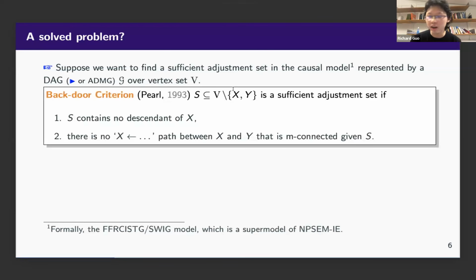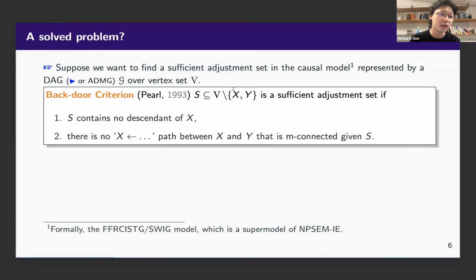So I guess the immediate reaction, and I won't be surprised if anyone in the audience finds this, is that this is already solved. Basically, Pearl in '93 has a path-breaking paper about the backdoor criterion that says a set of covariates S, excluding the treatment and outcome, is a sufficient adjustment set if it satisfies two conditions.